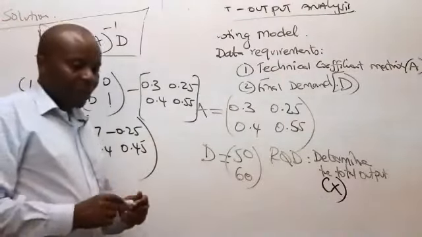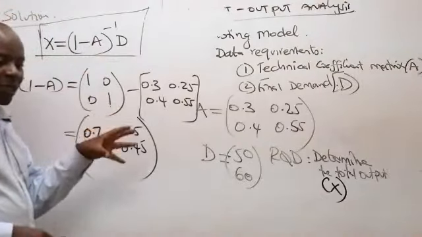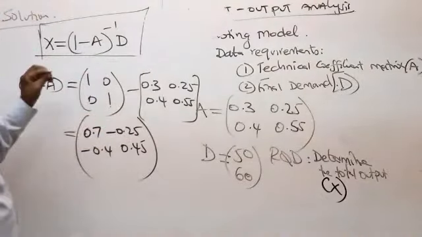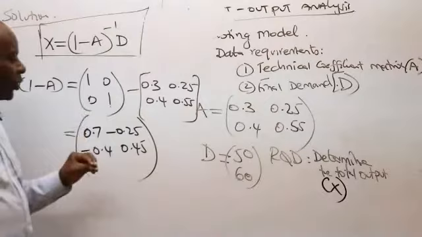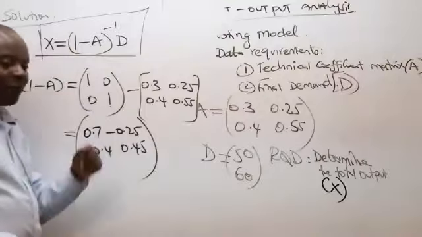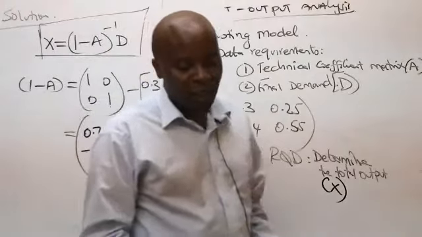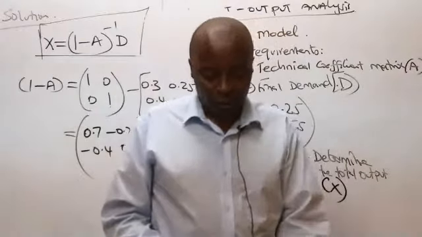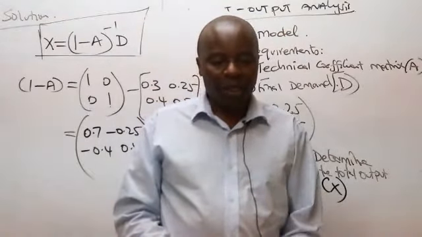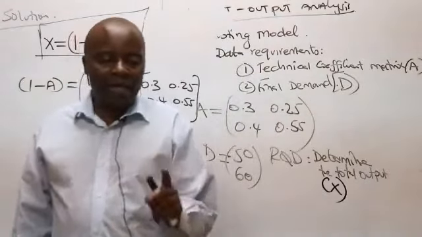Now, ladies and gentlemen, if you are a keen student, having gotten this result in brackets, what do you think will be the next thing to be done as per the formula? Find the inverse.